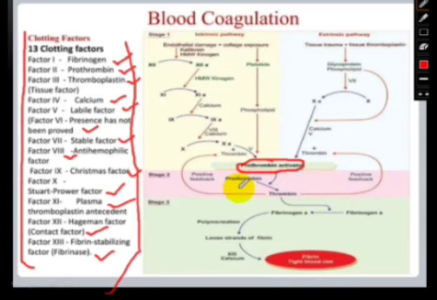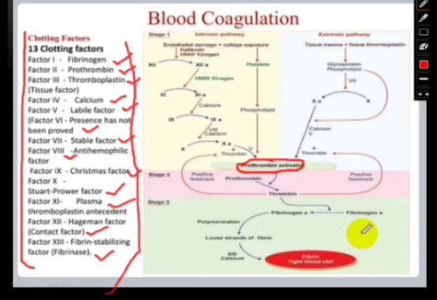Alright? So if you look at this area, you see prothrombin being converted to thrombin. That is, prothrombin here is inactive. So it is being converted to thrombin, which is the active state.